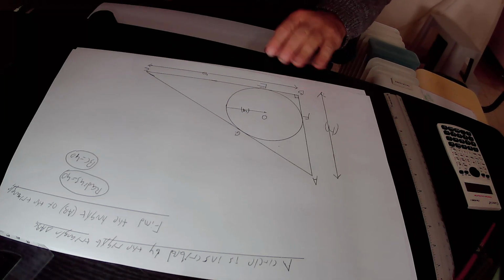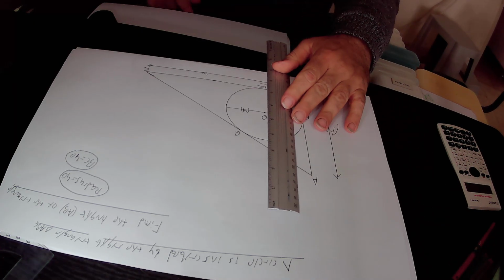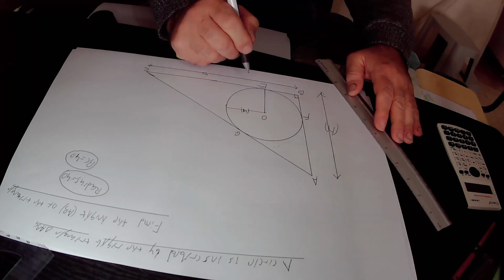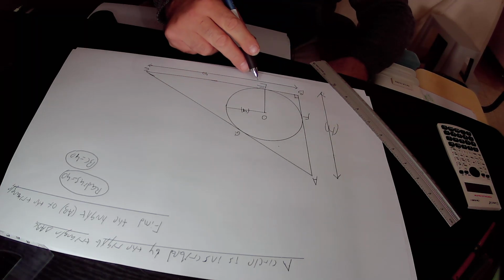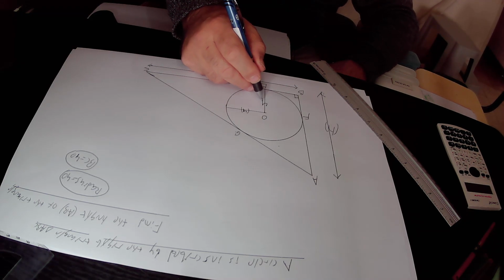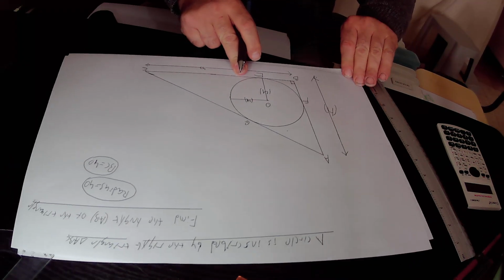In the next step, we will join points O and E together by a straight line. Point O is the center of this circle. Point E is a point on the circle itself. Therefore, OE is the radius of this circle. That is equal to 4. Here we can implement rule 1.